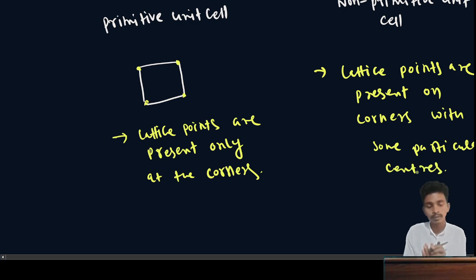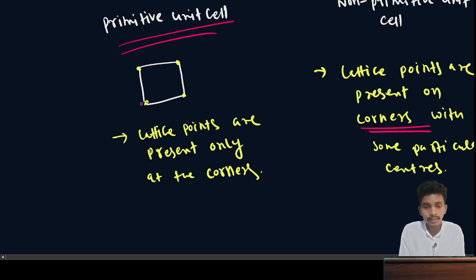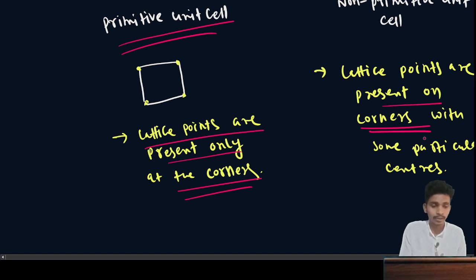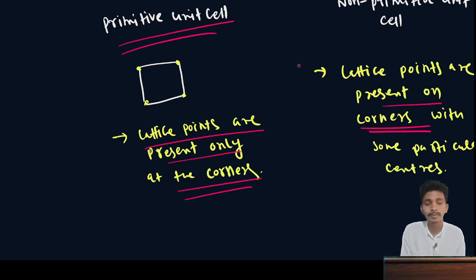Okay, so for non-primitive unit cells, the lattice point is present at the corners, and with that, lattice points are also present at some other centers. But for primitive unit cells, the lattice points are present only at the corners, while here, with the corners, they are present at some other centers also. That is called non-primitive unit cells.